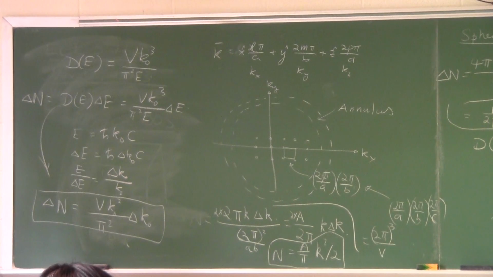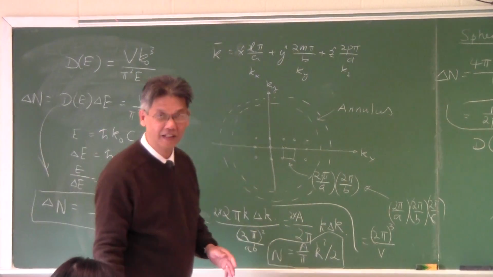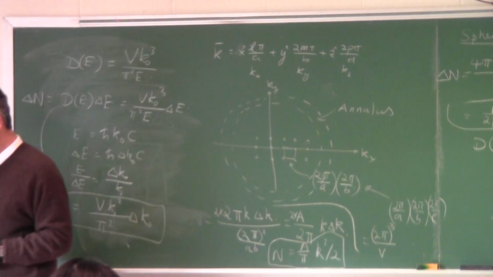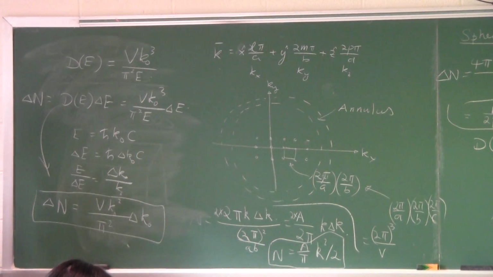Maybe I can come up with a third one this afternoon. So these are just a lot of mathematical tricks that become useful. Any questions so far? How to convert the counting of modes in a discrete way into a continuum integration? Okay. No questions, and you can do something else then.